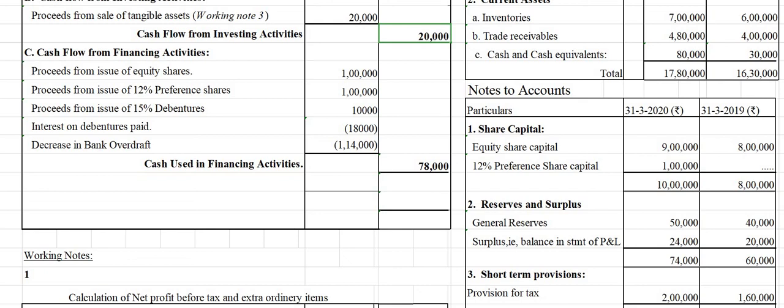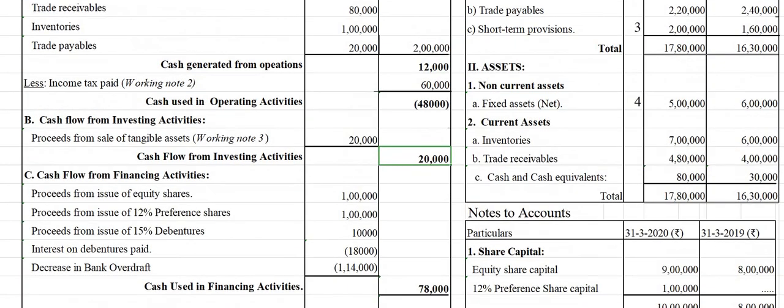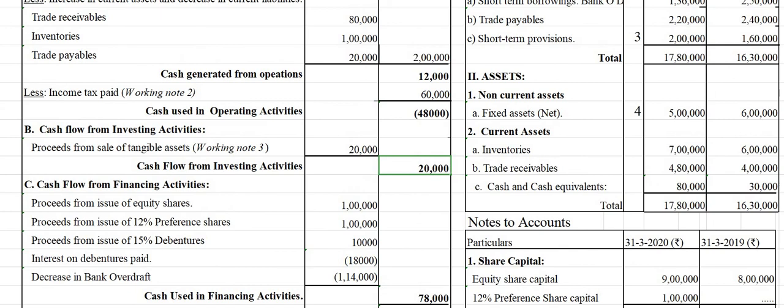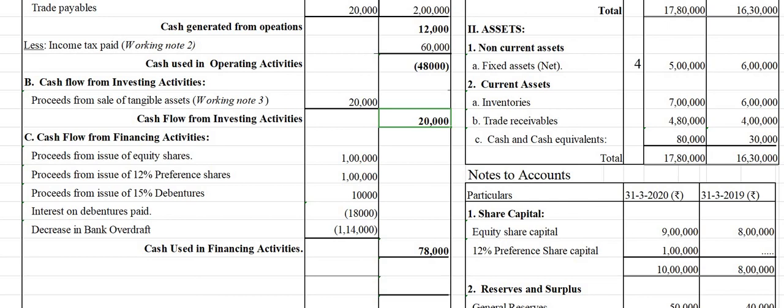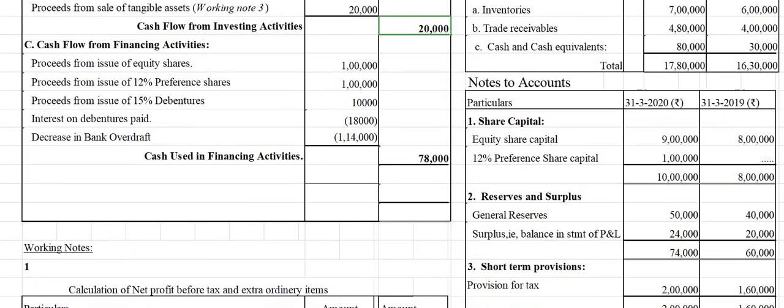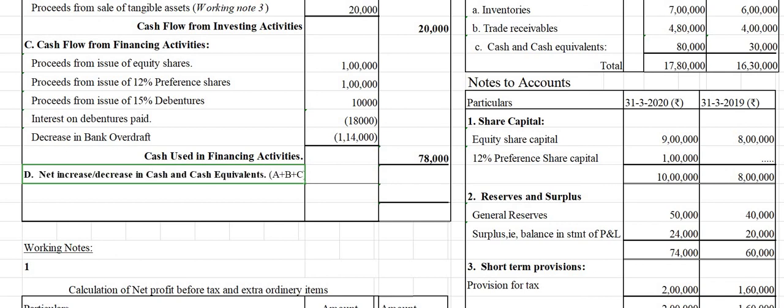Financing activities over, investing activities over, cash flow from operating activities also over, that is cash used. So we have to add 78,000 and 20,000, and from that 48,000 is to be deducted. That stands for net increase or decrease in cash and cash equivalent. How much? 50,000.